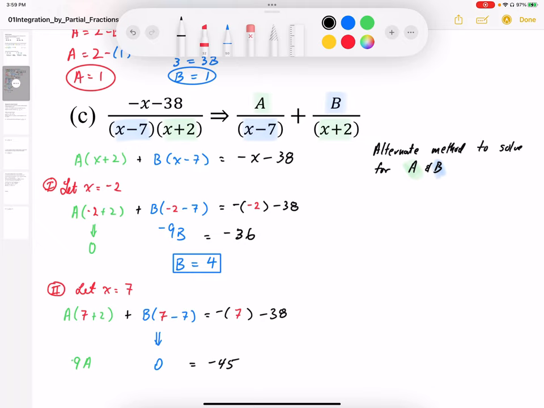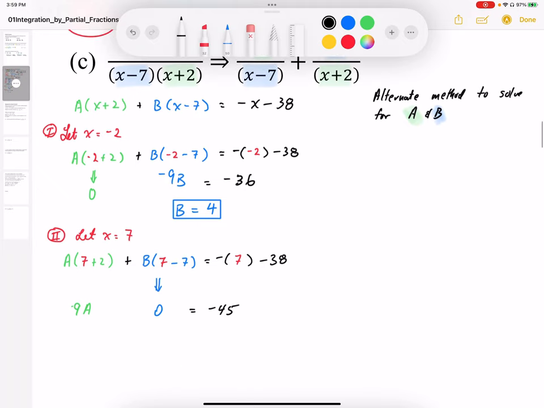So 9A plus 0 equals negative 45. Solving for A, dividing both sides by 9, I get A equals negative 5.